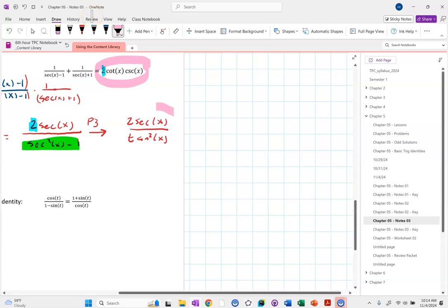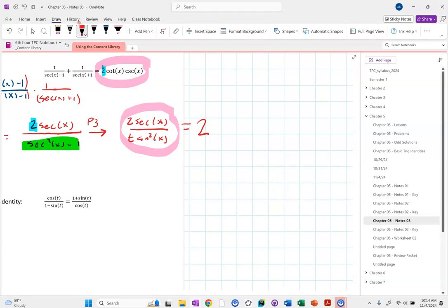So I'm going to rewrite this as 3 things multiplied together. One of them is obviously going to be the 2, right? We pointed that out already. Now, if I look at the denominator, that's tangent squared. Is there a denominator in where I'm trying to get to?